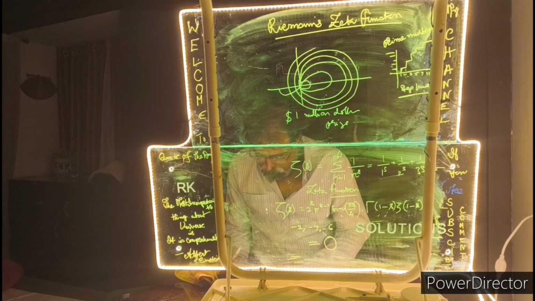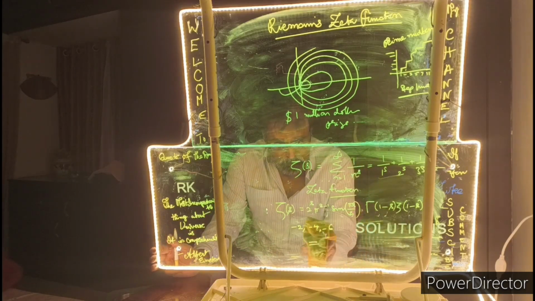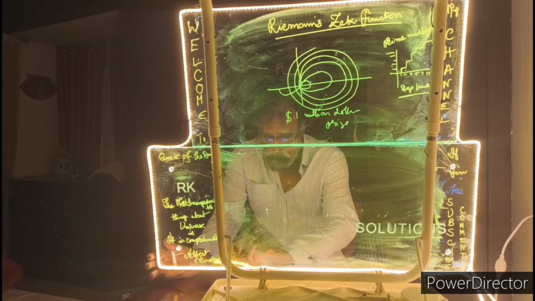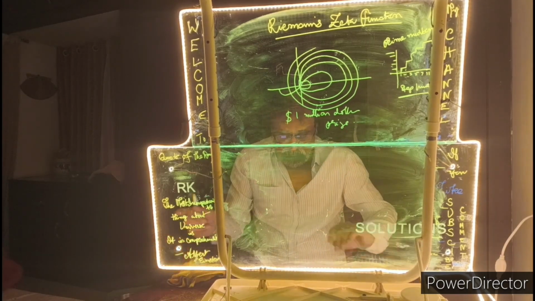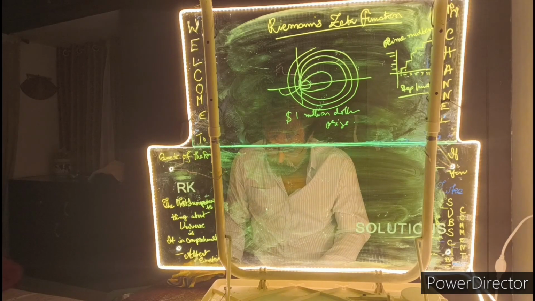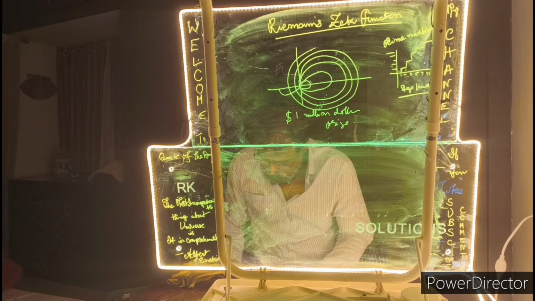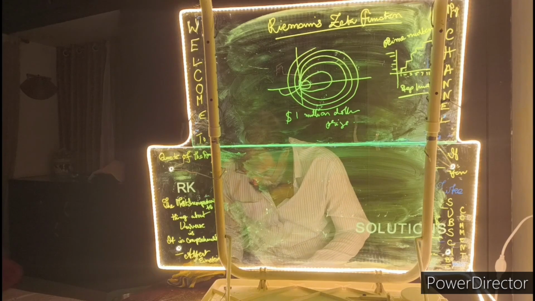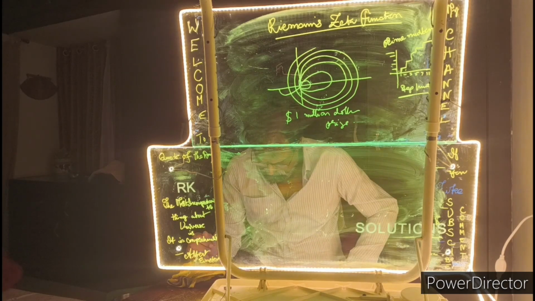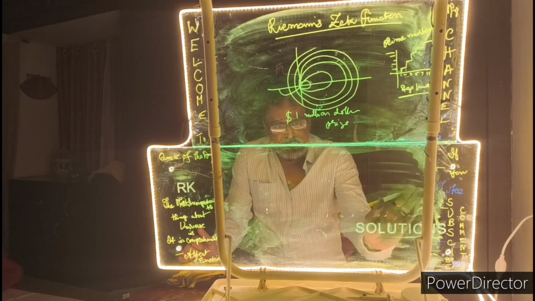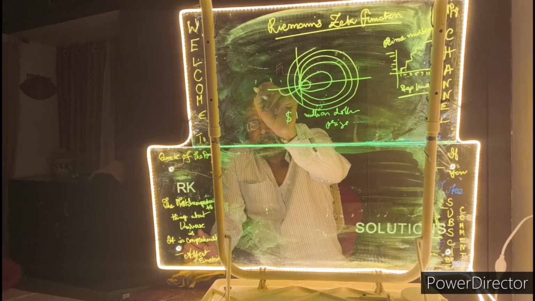Now, for that, what Riemann proposed as his solution is that, though he did not find the exact solution itself, the function will have zeros somewhere here.